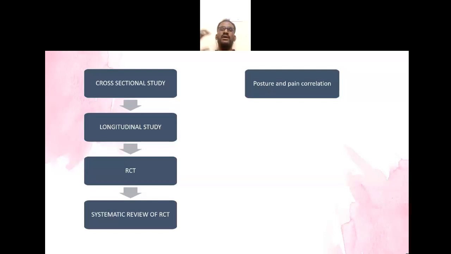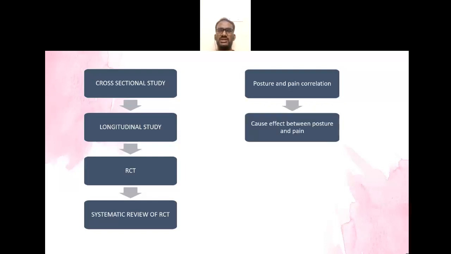For example, as I have mentioned, if we saw that the posture and pain correlation is high, and it has been consistent, we can do a longitudinal study to establish a cause-effect relationship.